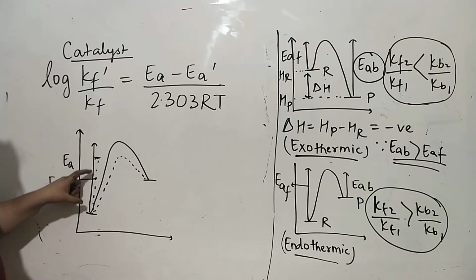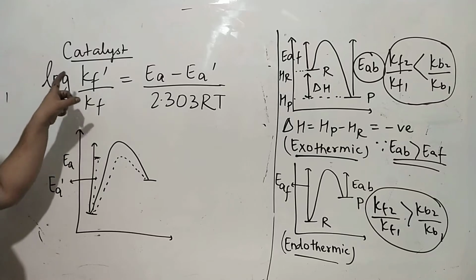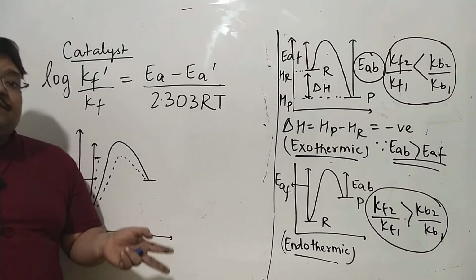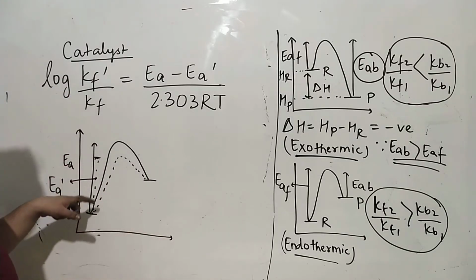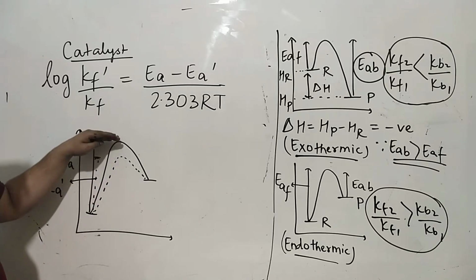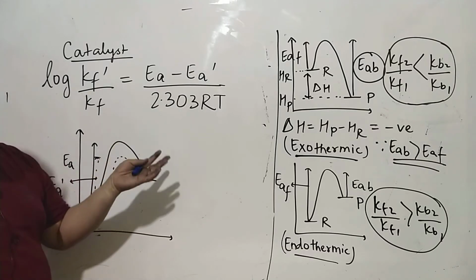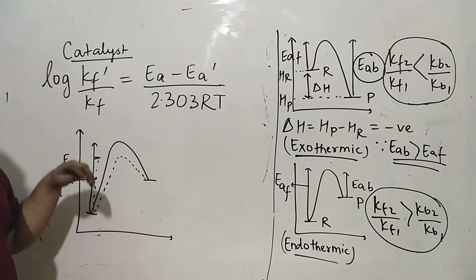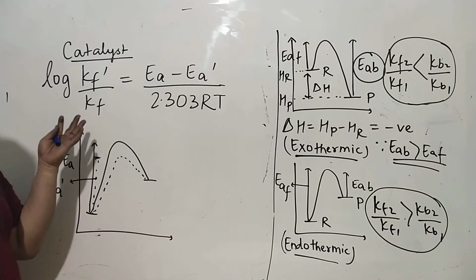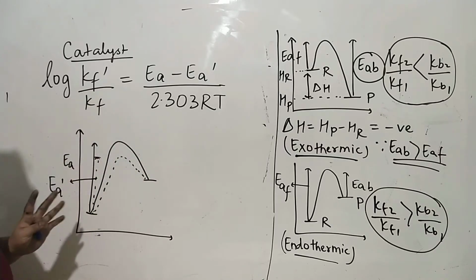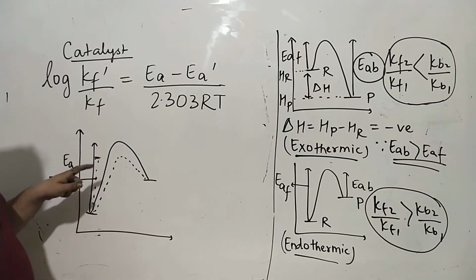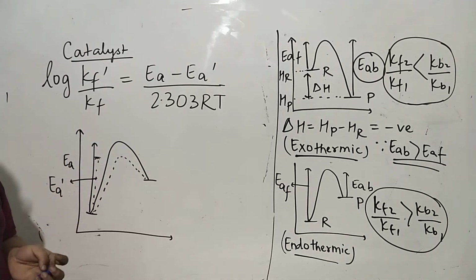So because Ea prime is less than Ea, a catalyst, I told you, takes part in the reaction, changes the mechanism, changes the course of the reaction, alters the activated complex, lowers the activation energy, makes the process easier, and it starts happening at a faster rate at the same temperature. So for a positive catalyst, Ea prime is less than Ea.